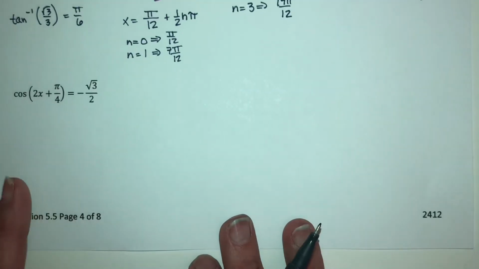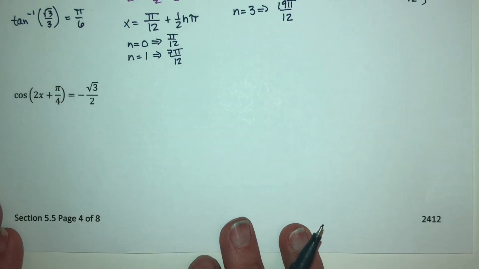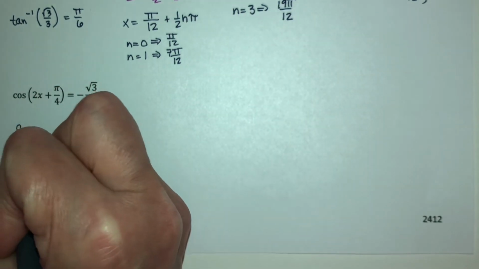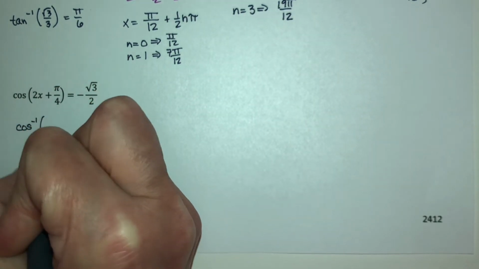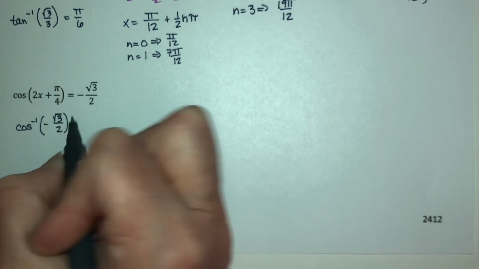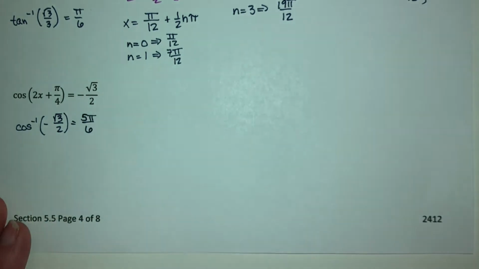Okay, let's solve cosine of 2x plus pi over 4 is equal to negative square root 3 over 2. So first, let's find inverse cosine of negative square root 3 over 2. And that would be 5 pi over 6.